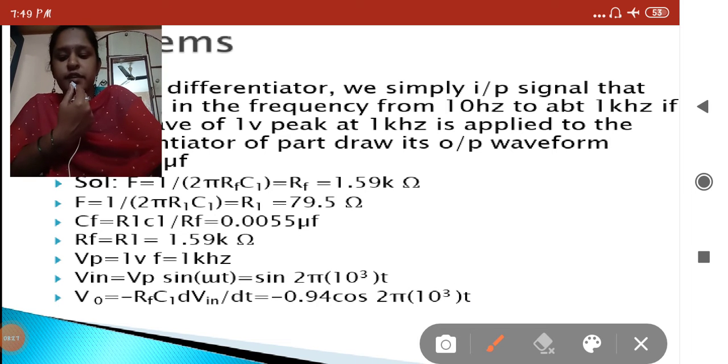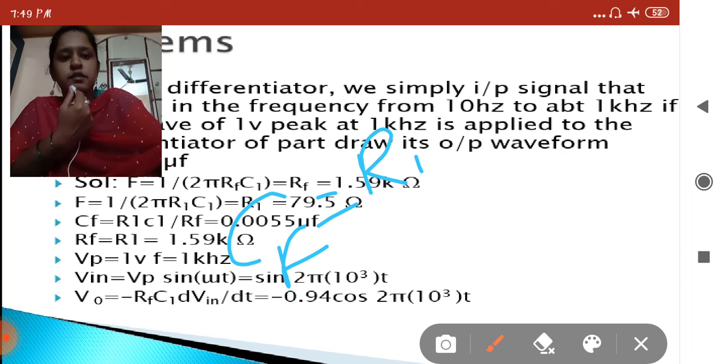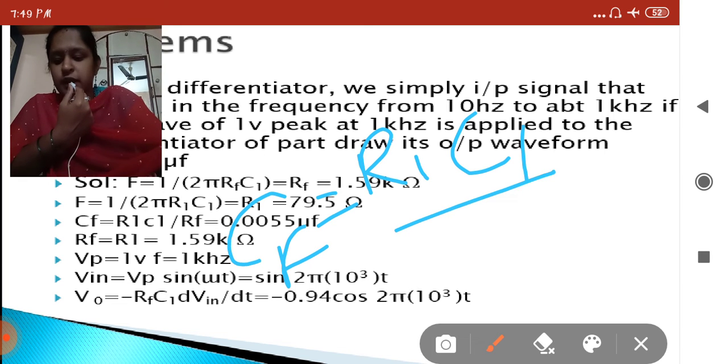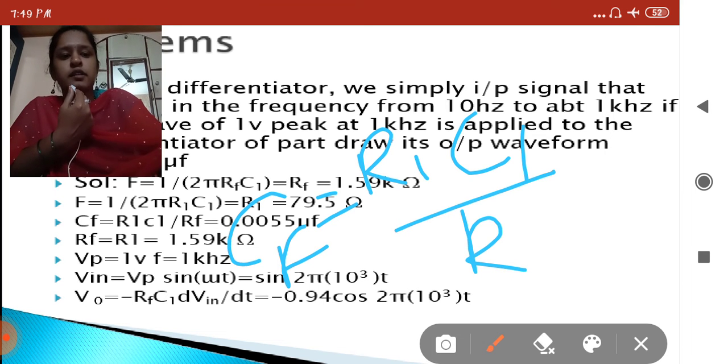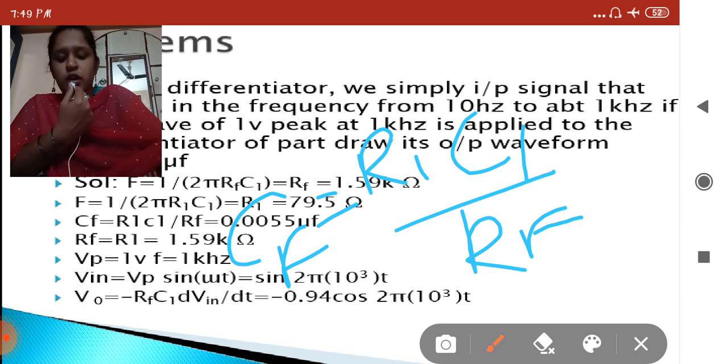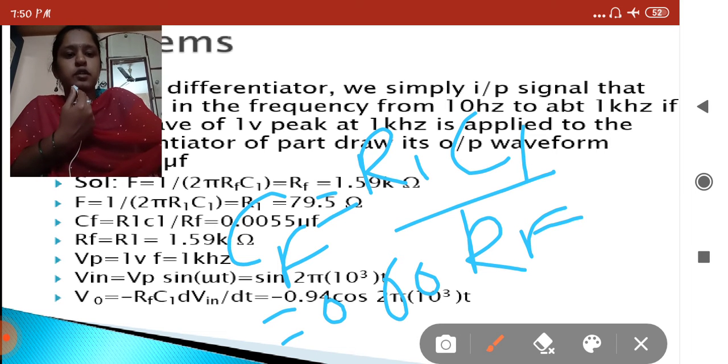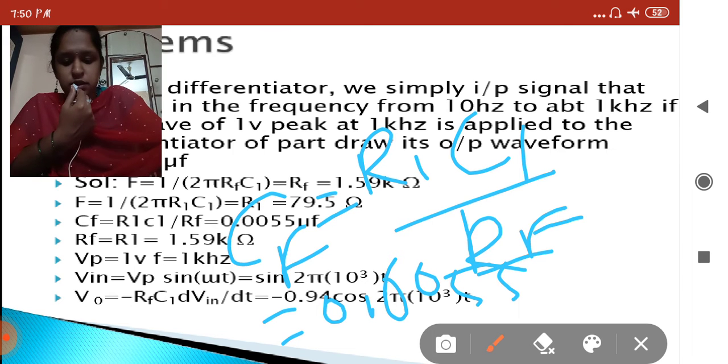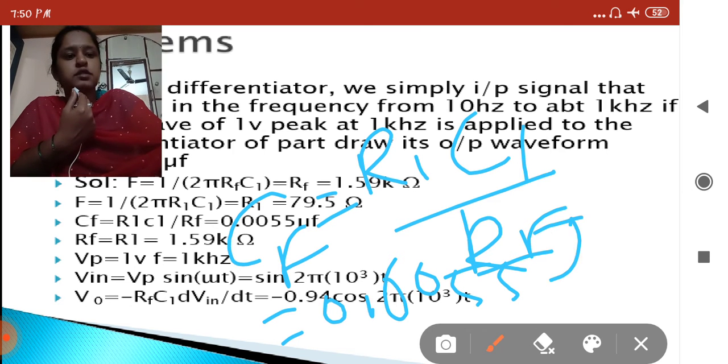Then by your equation, CF equals R1 C1 divided by RF. If you put that in, you get 0.0055 microfarad.